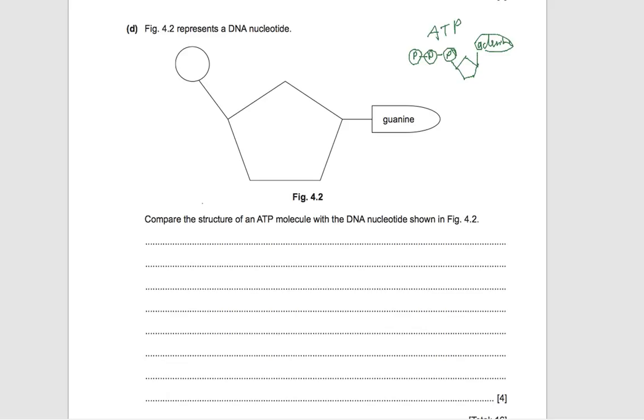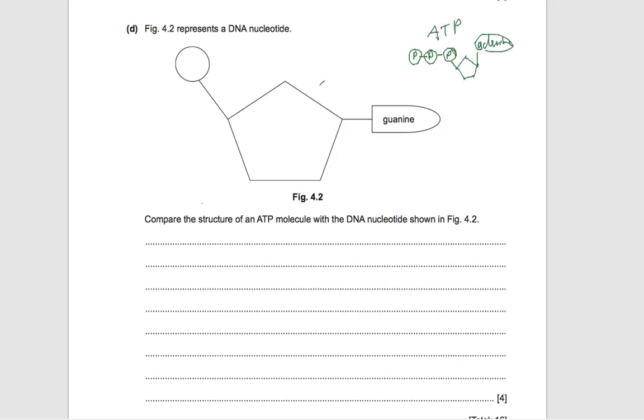So some of the similarities, as I've just mentioned, are the fact that they both have a pentose sugar, and they both have a nitrogenous base attached to that sugar. And finally, they both have phosphate. So their overall structure is very similar. However, some of the differences are that in ATP, the sugar is ribose, not deoxyribose like it is in DNA.